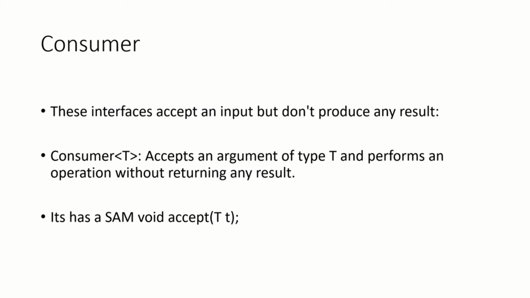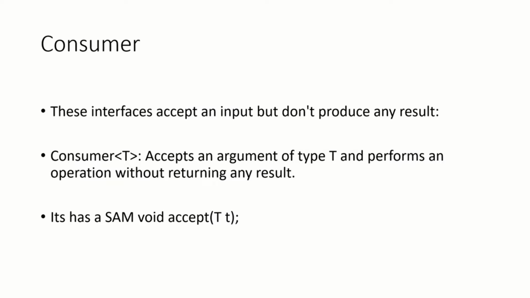This is the second important functional interface of Java 8. Its name is Consumer. These interfaces accept an input but do not produce any result. This functional interface Consumer has a single abstract method called accept. It takes T as an input and does not have any return type.